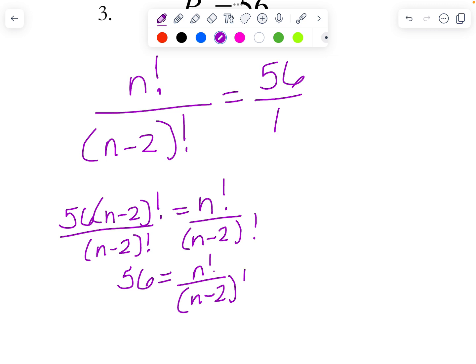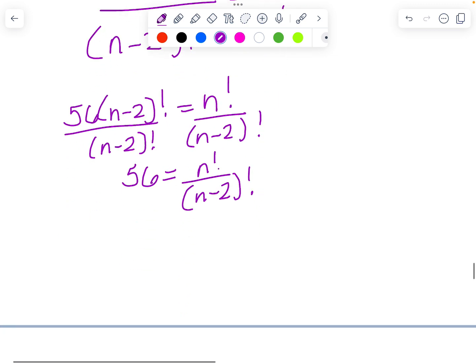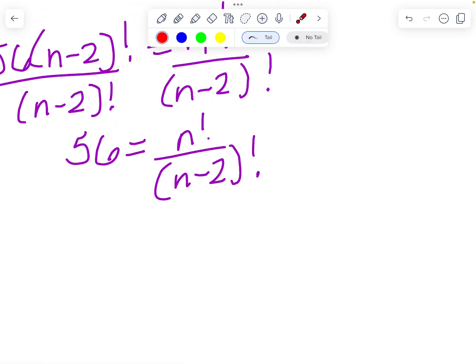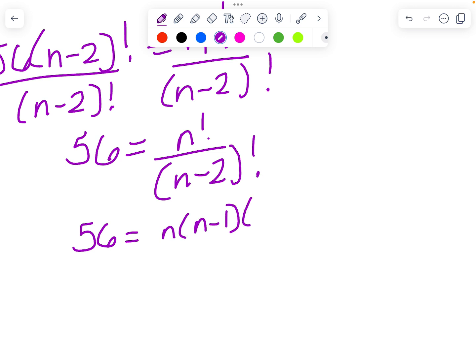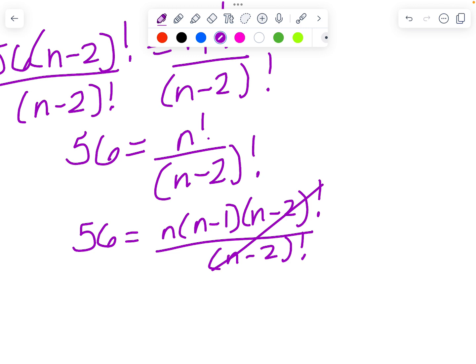I don't need to show all of these steps, but I'm showing it to you. I'm going to write the larger factorial in terms of the smaller factorial. So I have 56 equals n times n minus 1 times n minus 2 factorial all over n minus 2 factorial. That cancels out.